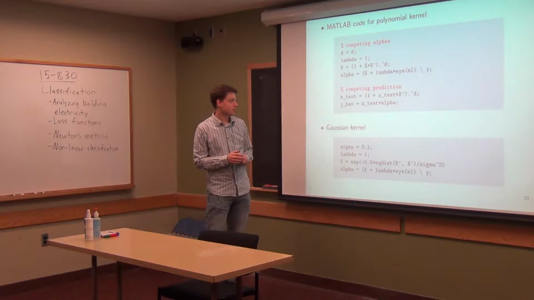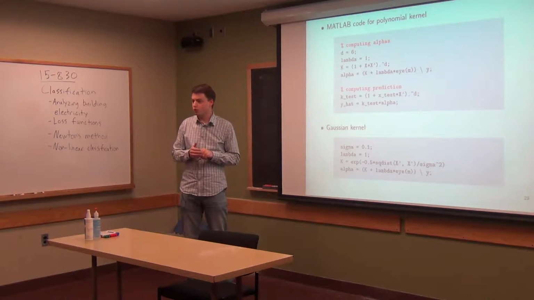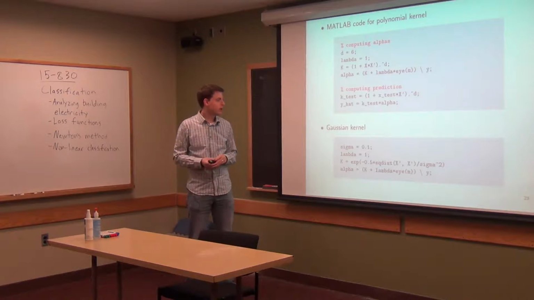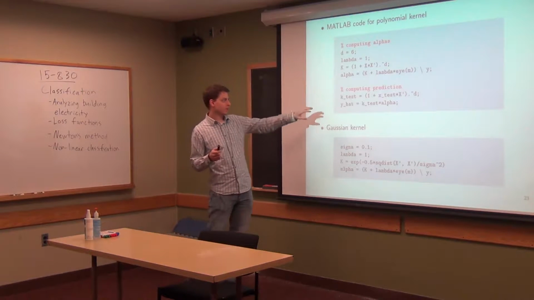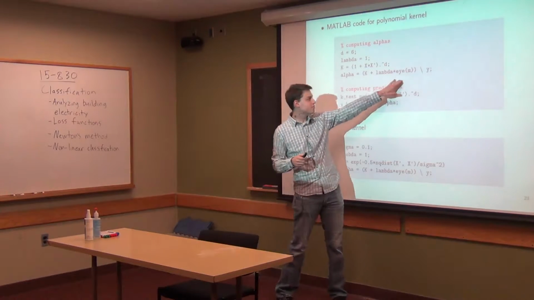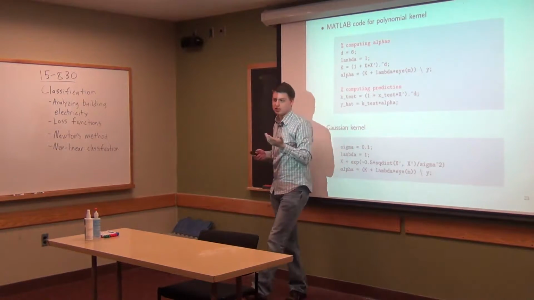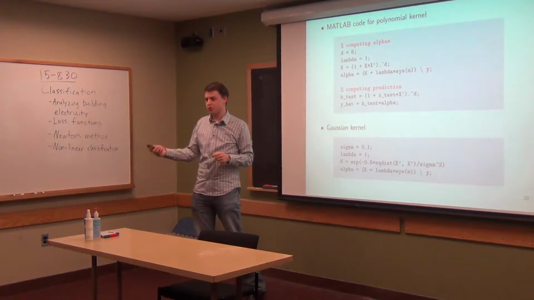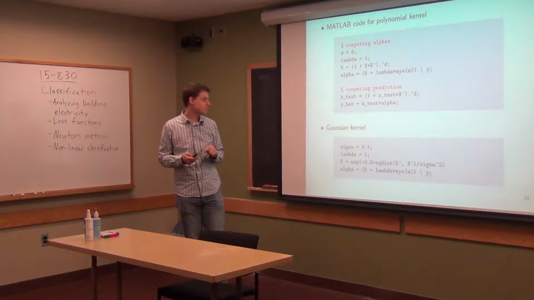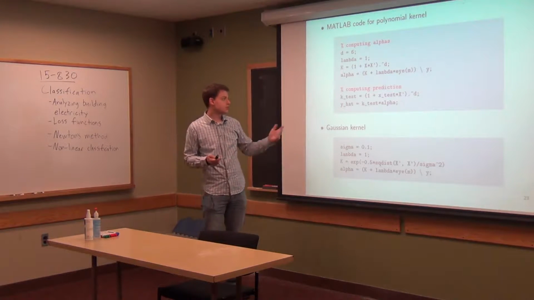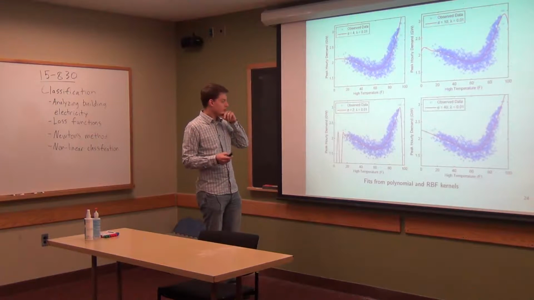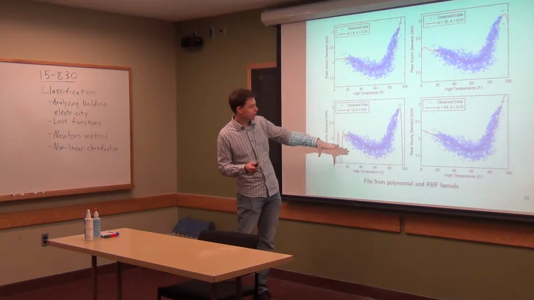I think these things become a lot more clear once you do the homeworks and play around with them a little bit, because you can do this exact same thing and you get something that looks just like what you would do in the case where you constructed the feature vectors explicitly. So this graph again just shows some polynomial fits and RBF fits.